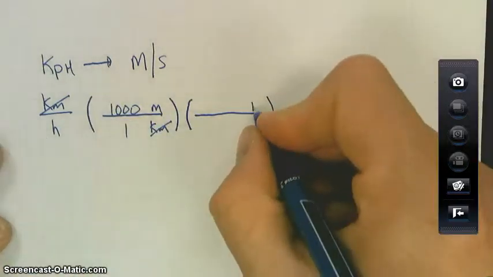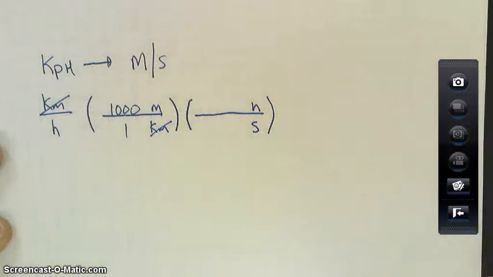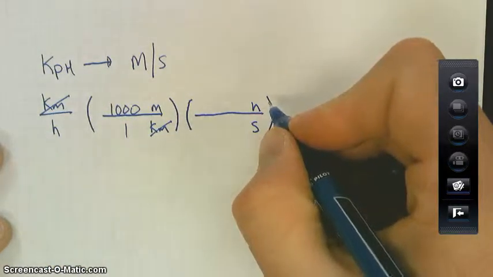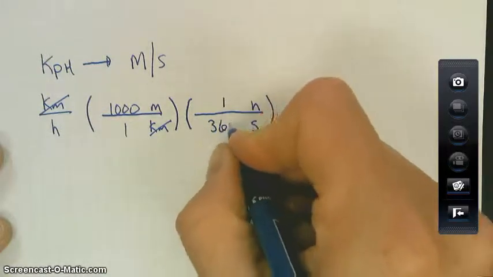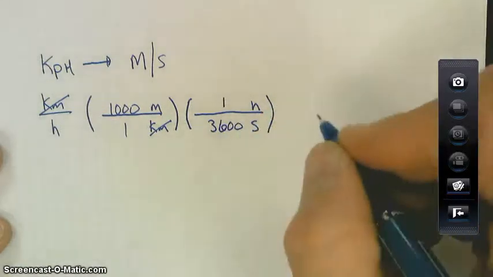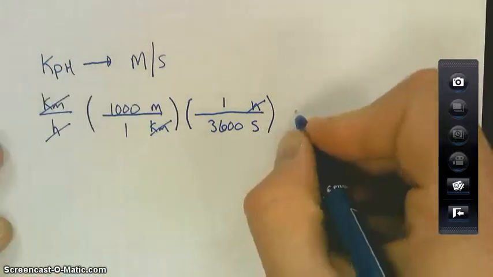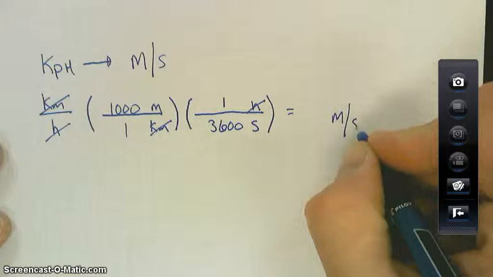If I want to cancel hours, I put it opposite, and we want seconds. Now in 1 hour there's 60 minutes, in 1 minute there's 60 seconds, so in 1 hour there's 3,600 seconds. This cancels here, and what I'm left over with is meters per second.